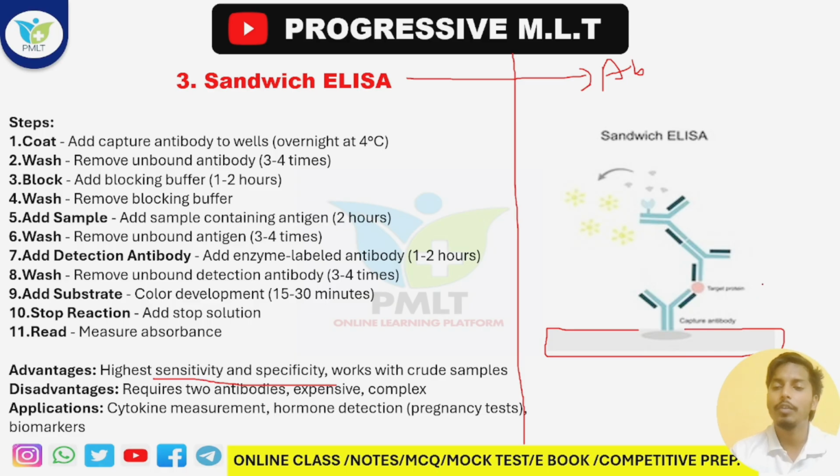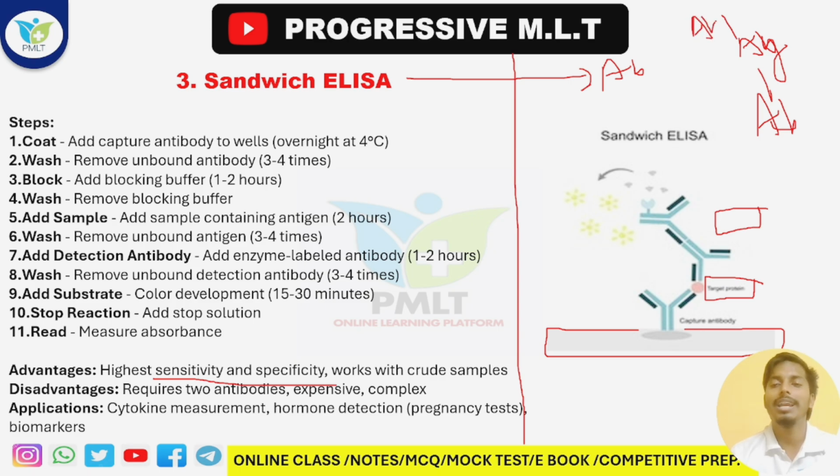After that, you have to add the antigen. After that, you have to add the secondary antibody, so that if you notice here: AB, AG, and again AB, it looks like a sandwich. Yes or no? AB, AG, and AB. Yes or no?